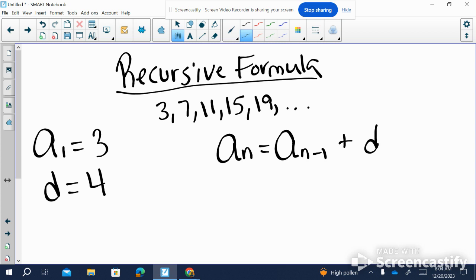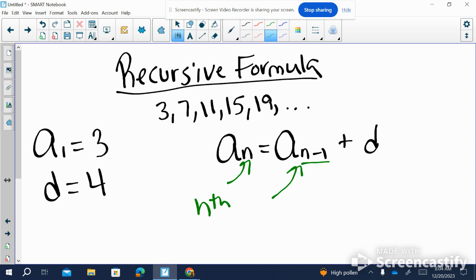What this means is whichever term we are looking for, the nth term, let's say it was the 5th term, you can find that particular term by using the term right before it. So 5 minus 1, by using the 4th term.